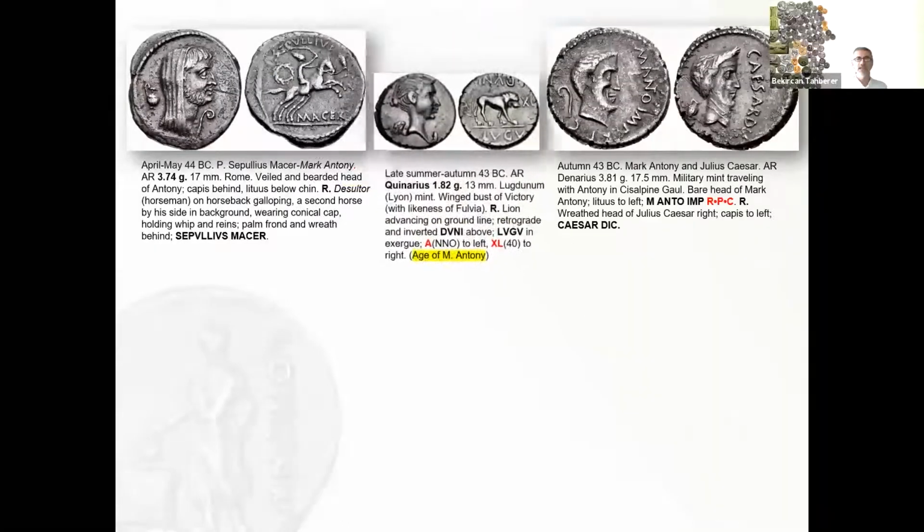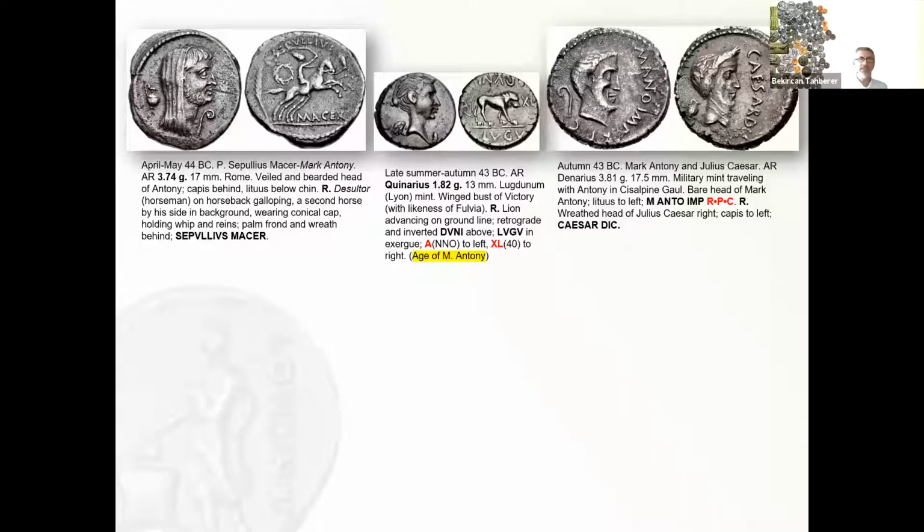And as the second living person to appear on coins, we see Mark Antony. And during that time, we see Mark Antony also issue smaller denominations. Denarius, most likely minted in Lugdunum.